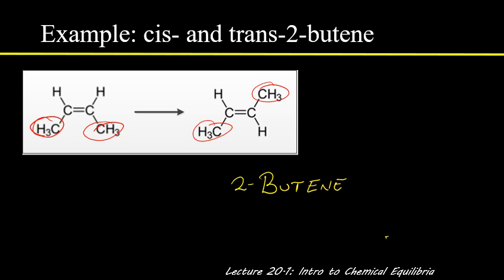And when those two groups are on the same side, this is called cis 2-butene, and when they're on the opposite sides, then this is called trans 2-butene. Okay. Now that's a little bit of a mouthful. I just wanted to go over that so you would understand what we're talking about when we say cis and trans 2-butene.